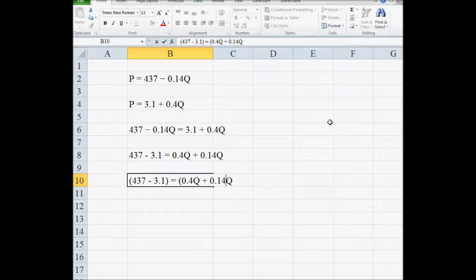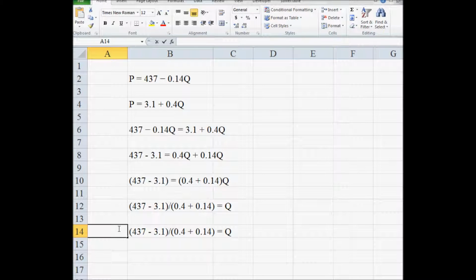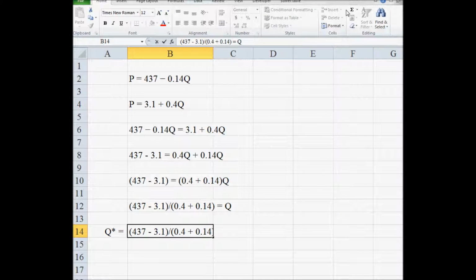I'm going to factor out the Q. Then I'm going to divide by Q's coefficient up here. And I get 803.5185185.